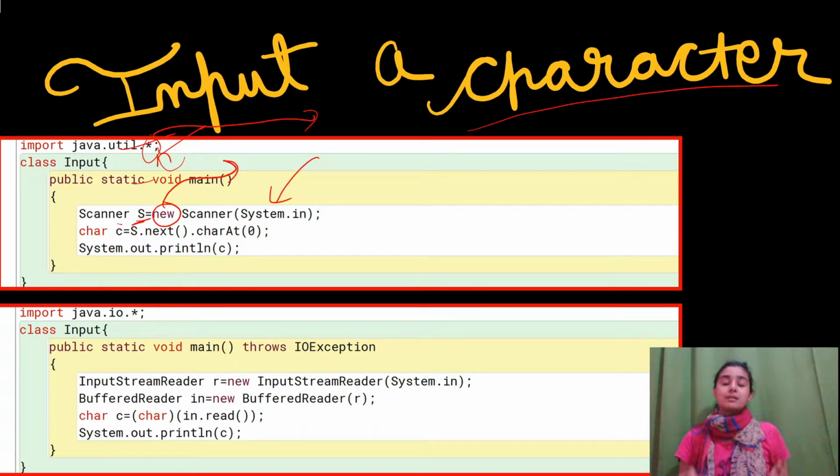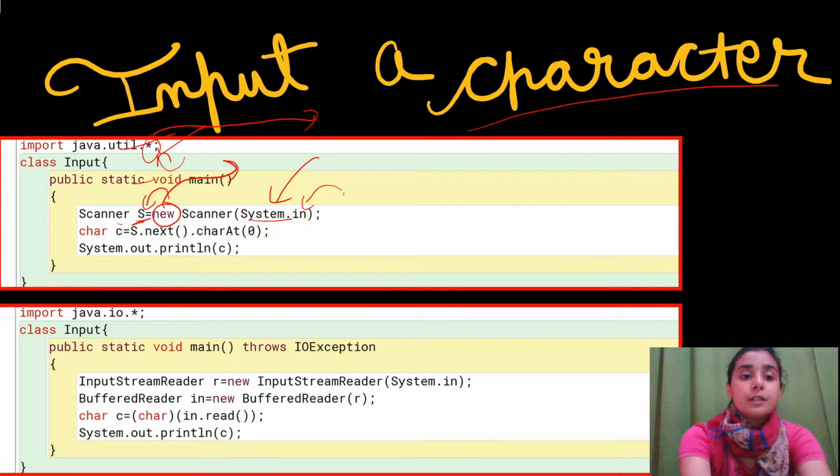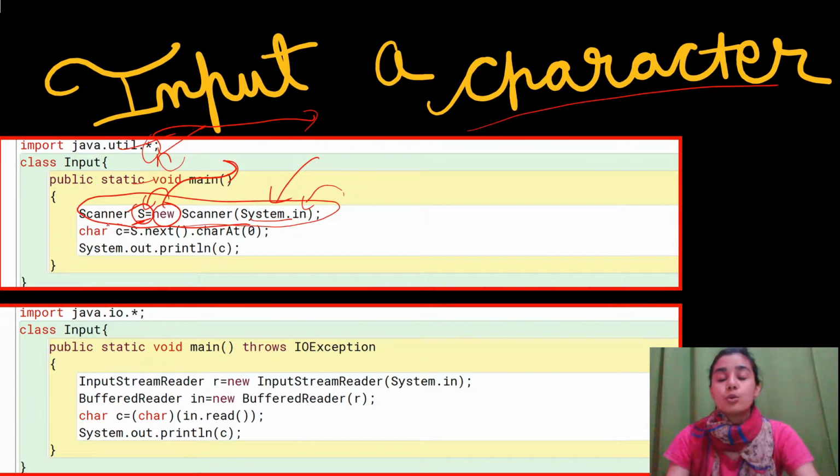It is a keyword and an operator also. Through that we are allocating the memory to the object of the scanner class. System.in means we will do input through the system, and that will be received by the object of the scanner class. As you know, it is very easy to give input with the scanner class.